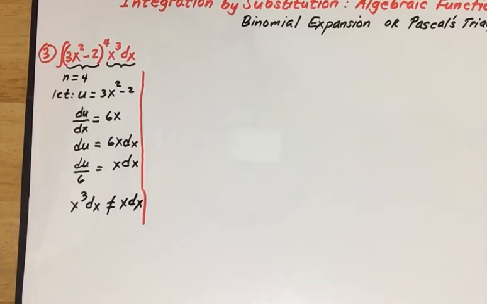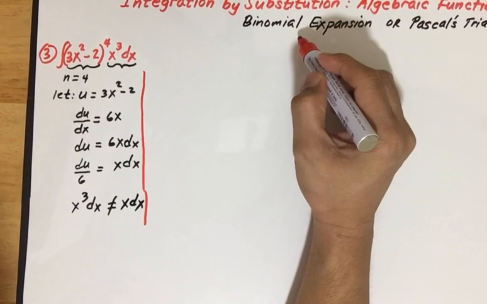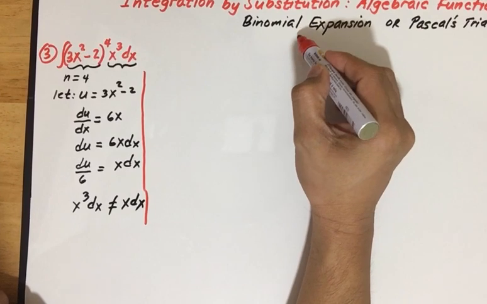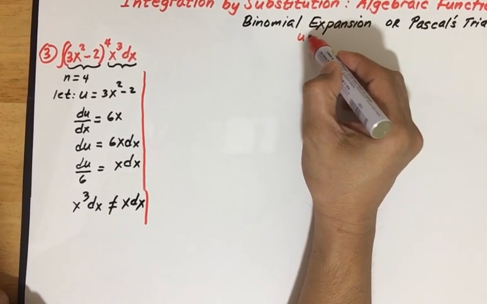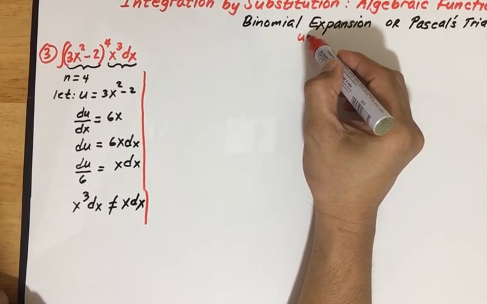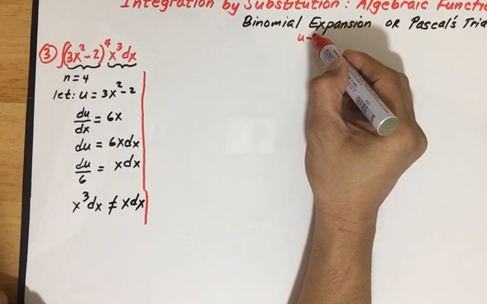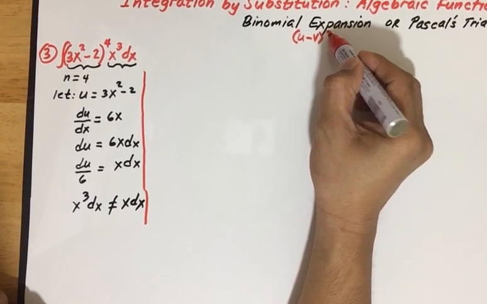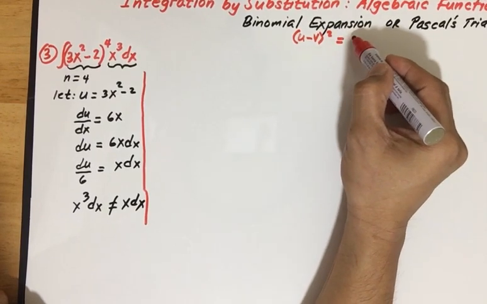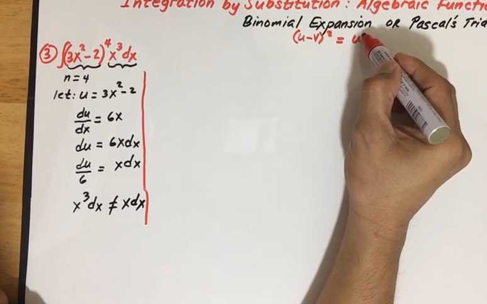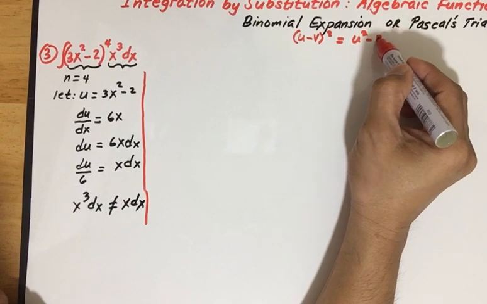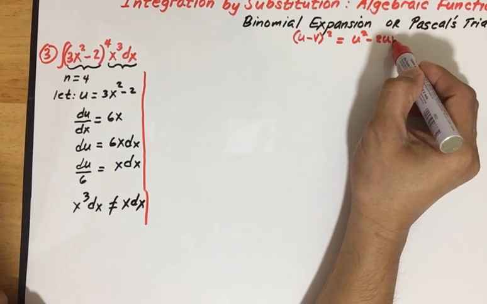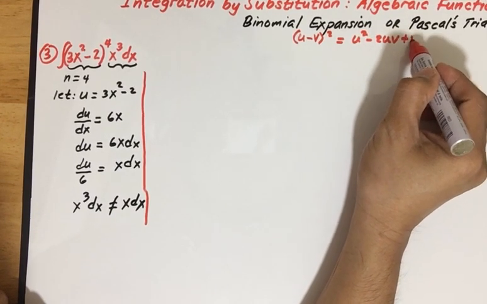So from here we can use our knowledge from algebra. If you have u minus v raised to a power 2, this is equal to u squared minus 2uv, then plus v squared.